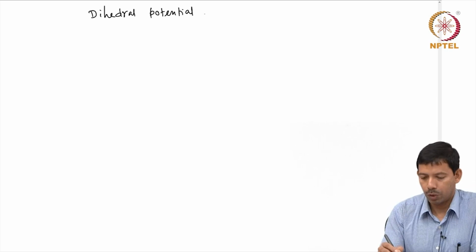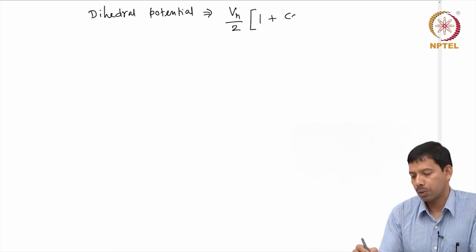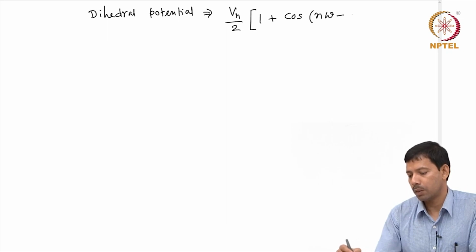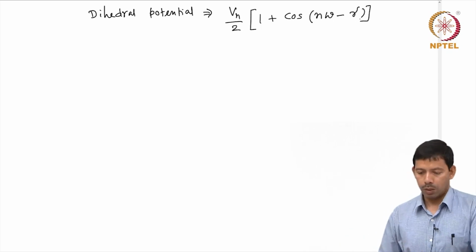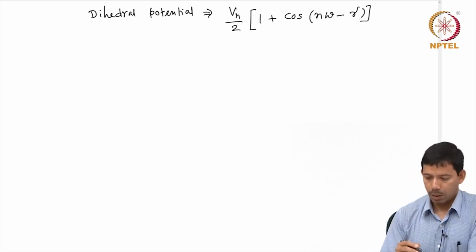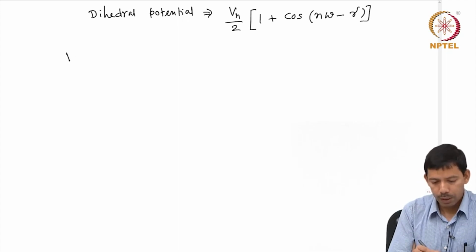Which we have written as Vn by 2 (1 plus cos(n omega minus gamma)). So what are the terms representing? The first term Vn is called the barrier height.